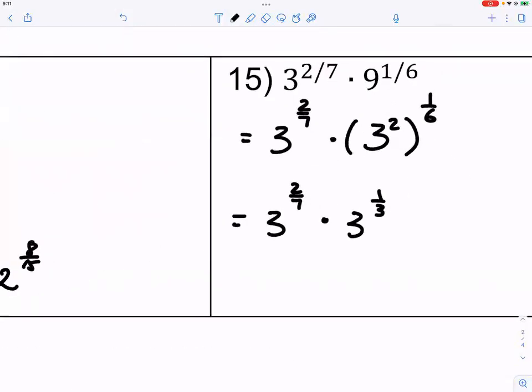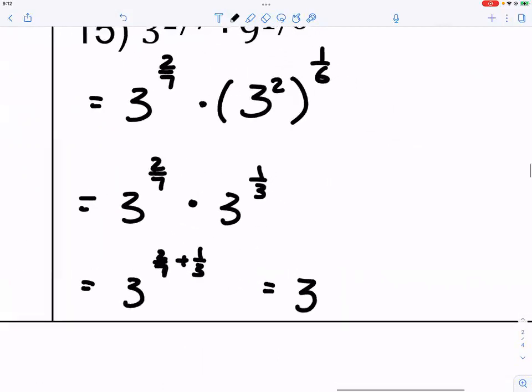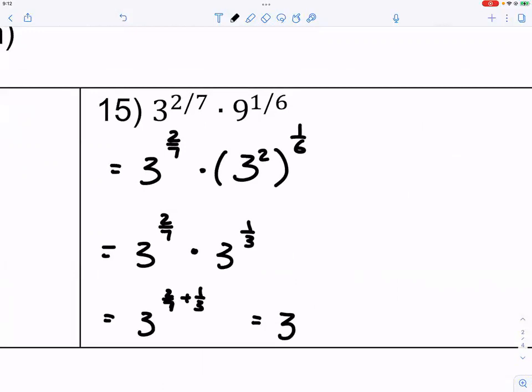Okay, 2 times 1/6, well, it's 1/3, and therefore we have 3 to the 2/7 plus 1/3. And now you have to handle the addition of fractions. Think of the common denominator. So you have 6/21 plus 7/21, which is 3 to the 13 over 21. Okay.